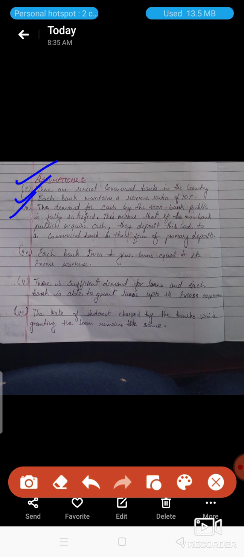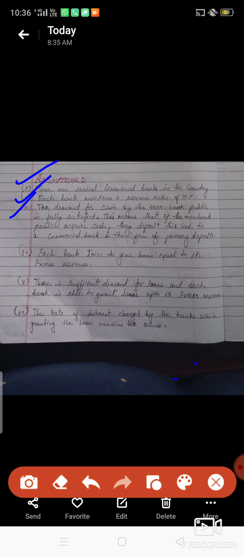This means that if the non-bank public acquires cash, they deposit this cash in a commercial bank in the form of a primary deposit. So whatever amount they are getting, or you can say the people's income, they are depositing in the bank.